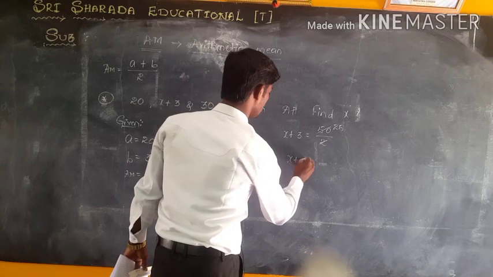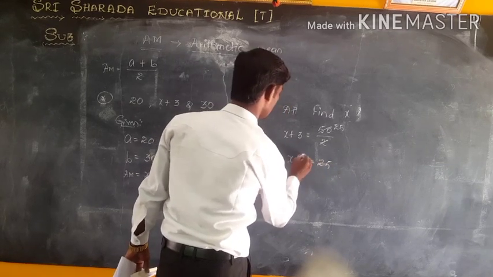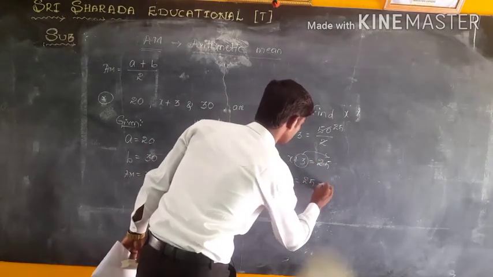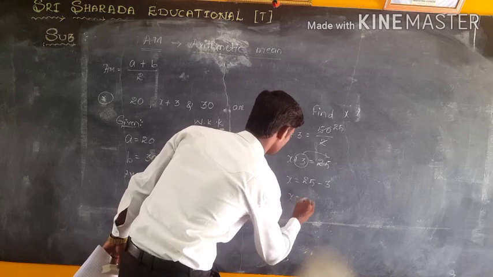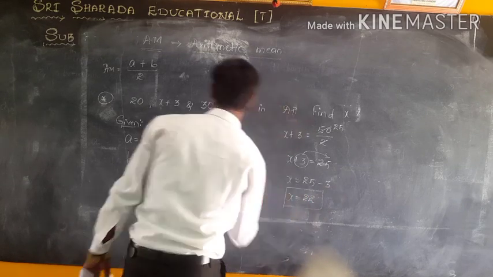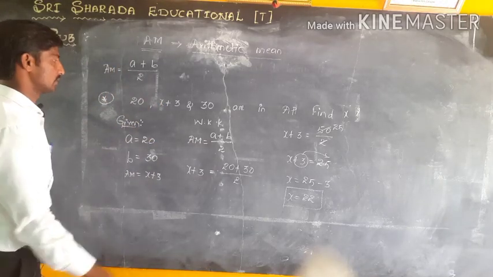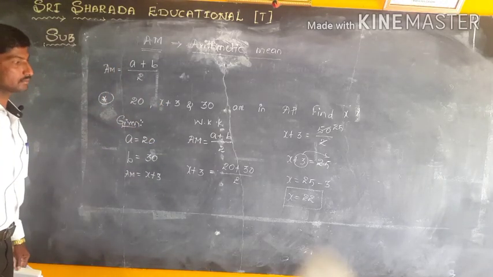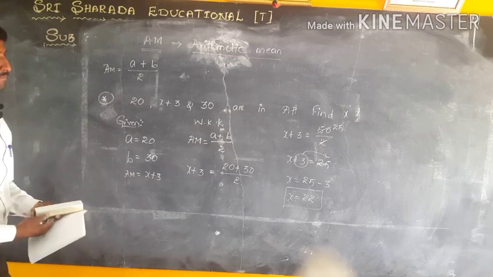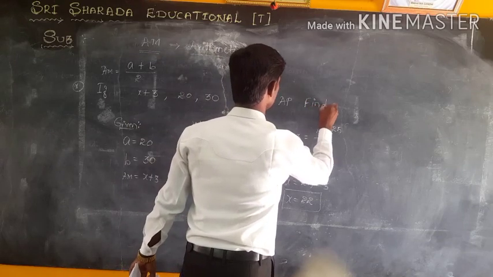Then x plus 3 is equal to 25. So plus 3 goes to that side, and you will get x is equal to 25 minus 3, that is x is equal to 22. It means in the place of x you have to consider 22.